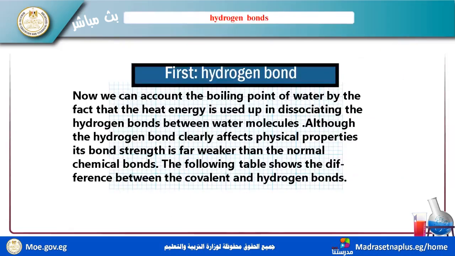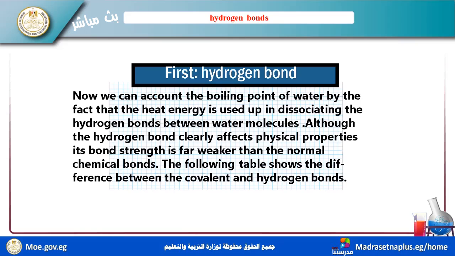We can account for the boiling point of water by the fact that heat energy is used up dissociating the hydrogen bonds between water molecules. Also, hydrogen bonds clearly affect the physical properties. Their bond strength is far weaker than normal chemical bonds.